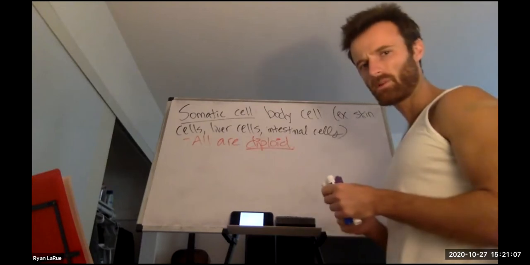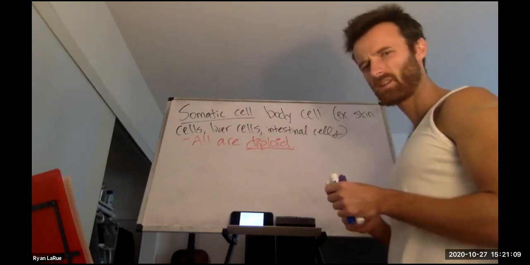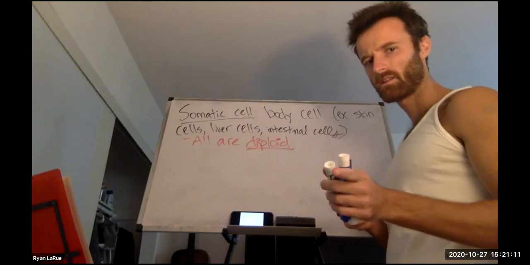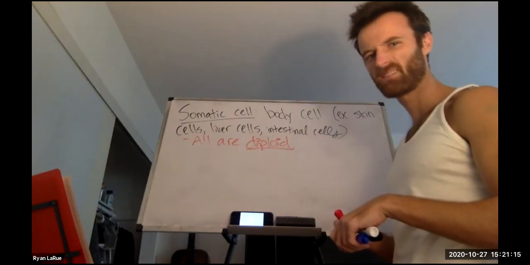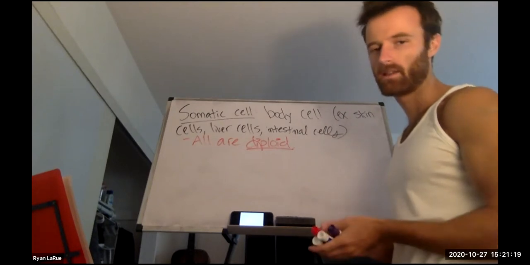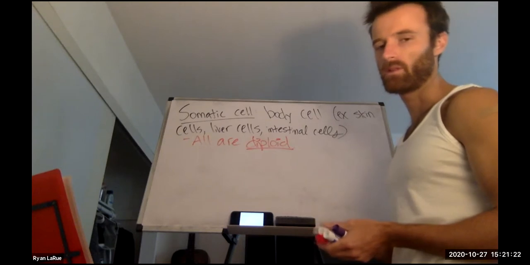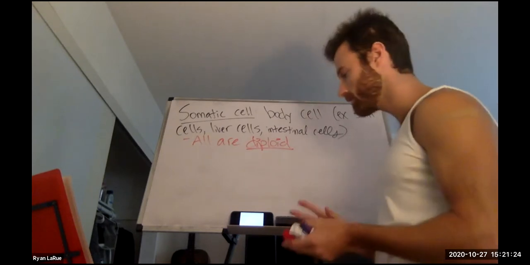Did I define diploid already? I feel like I might have talked about it. I did on the last lecture, maybe? Did I? Briefly, okay. Okay, cool. I'll talk about it again though. I'm glad I actually mentioned it though.